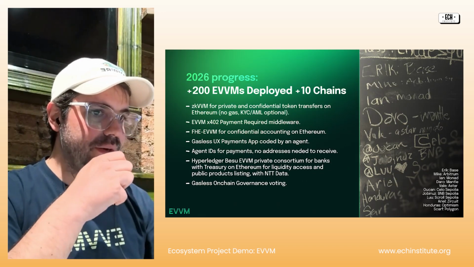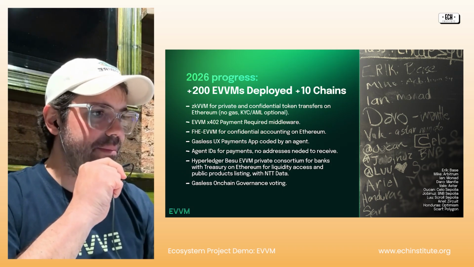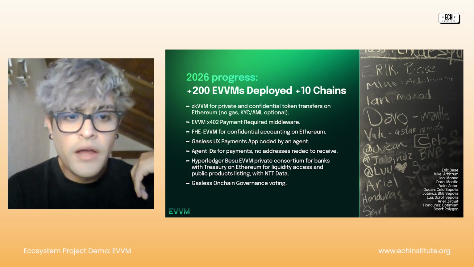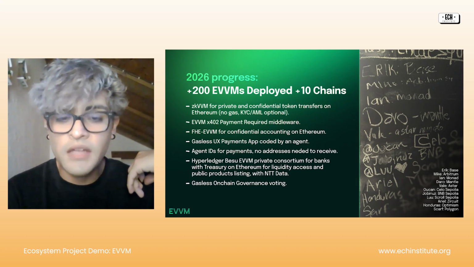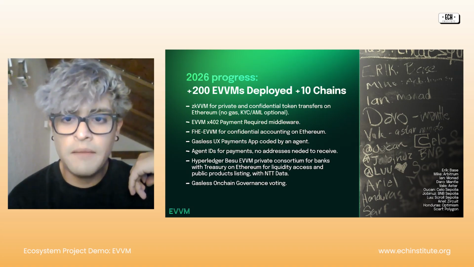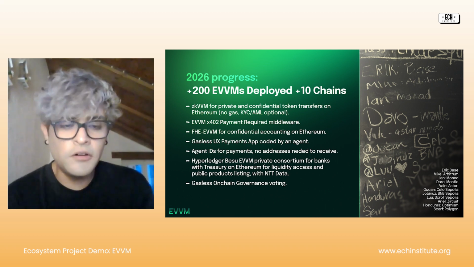So here is a little of the progress. Kevin, can you explain a little of what's happening and how this happened? So yeah, right now we have EVVM deployed on 2+ chains. You can see, in this example, Base, Arbitrum, Monad, Mantle, Celo.